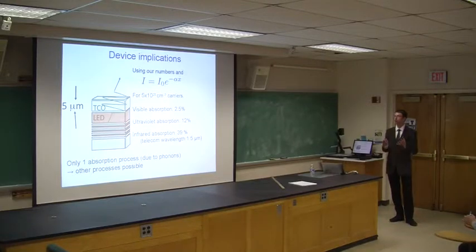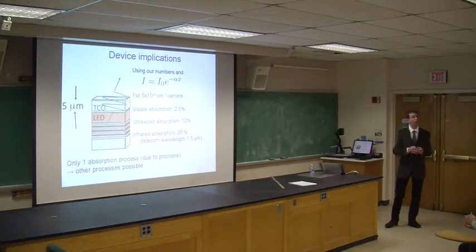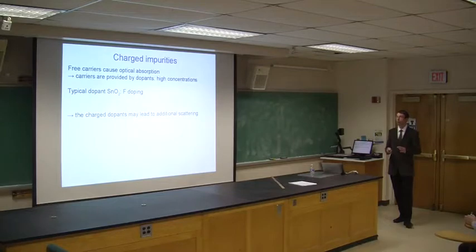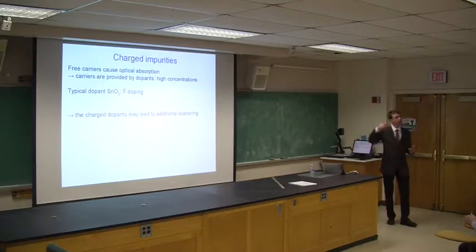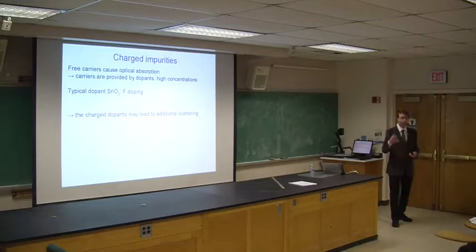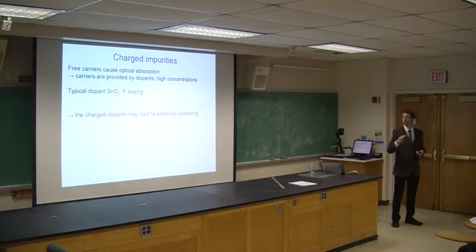Of course, there are other processes possible that will also give you the momentum you need to reach some final state. One obvious process to look at is scattering by charged impurities, because remember, in order to get free carriers, we actually have to dope our material. We need to introduce atoms that will donate their electron to the conduction band, but those atoms will remain charged, and they can scatter electrons as well.